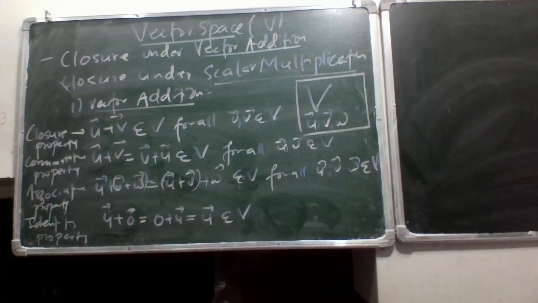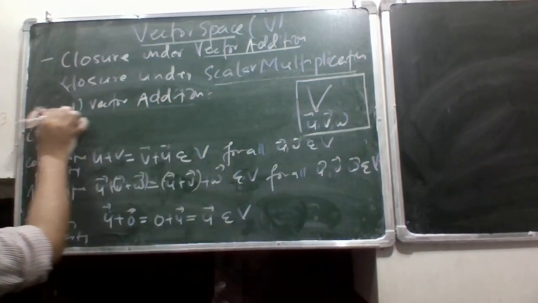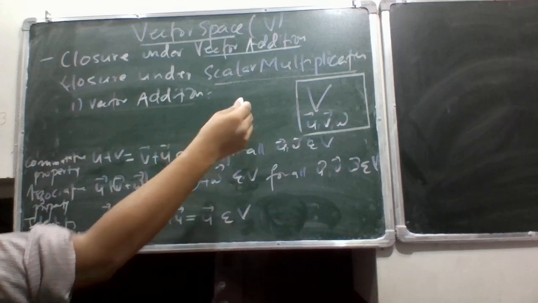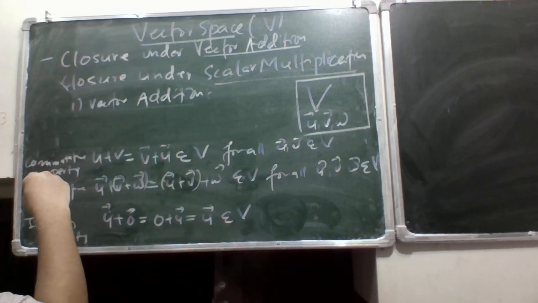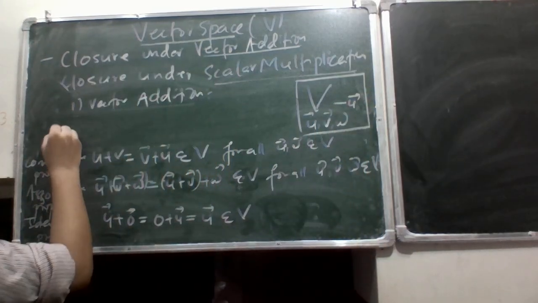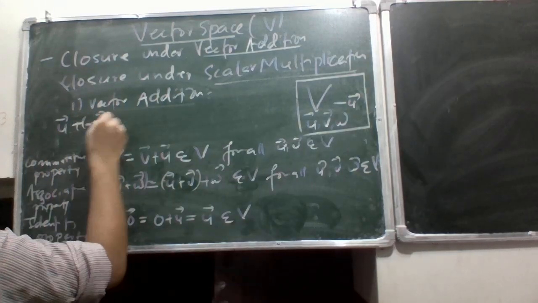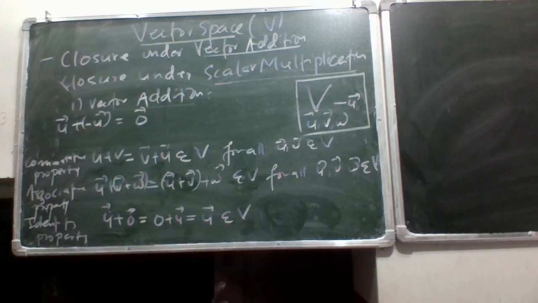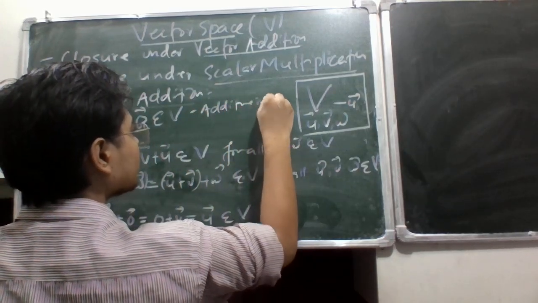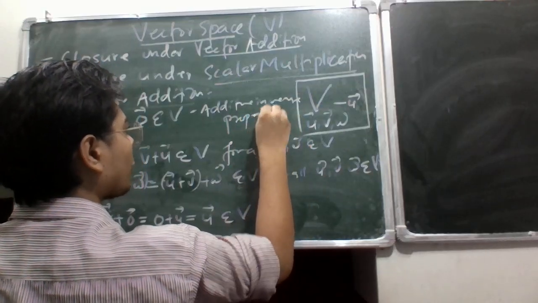And there is a last but interesting property which is called the existence of additive inverse property, which says if we have u that belongs to V, and minus u which also belongs to V, then if we add these two vectors, the result, which is a zero vector, is again going to be a part of this vector space, and this is called the additive inverse property.